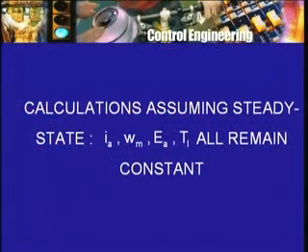And we'll assume that somehow the motor has been put in what may be called a steady state, the motor and the load, that is, the armature current, the velocity omega, the applied voltage Ea, and the load torque TL, all of them are going to remain absolutely constant.